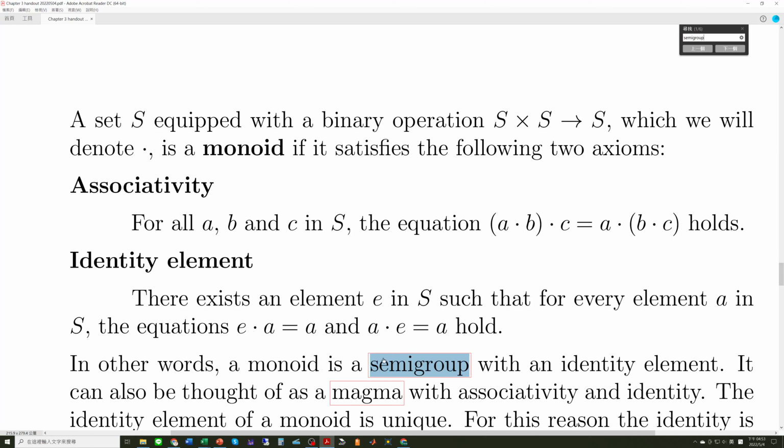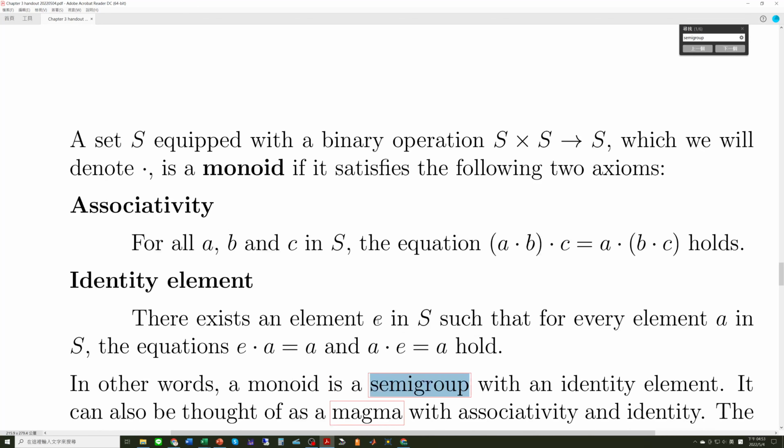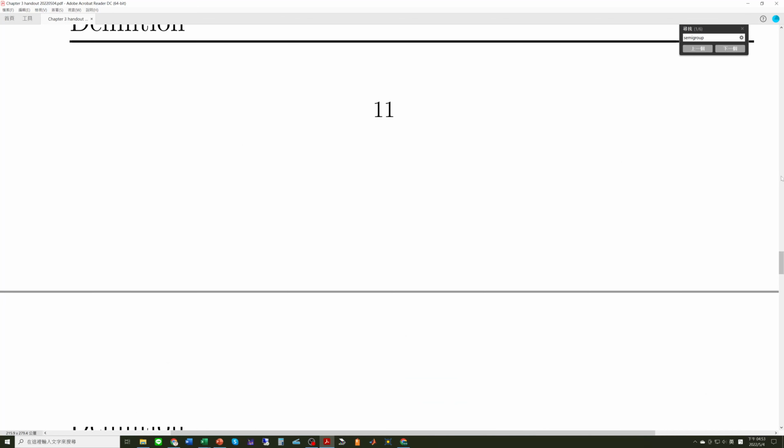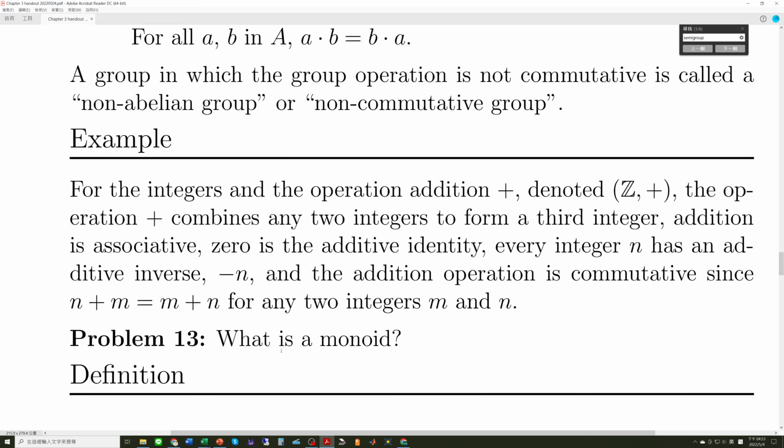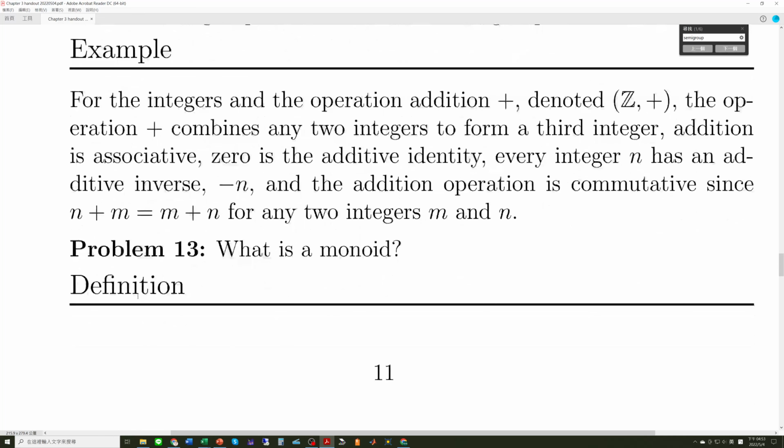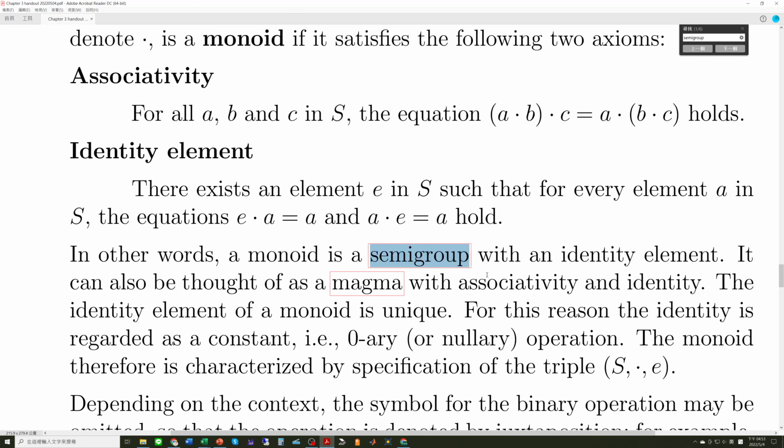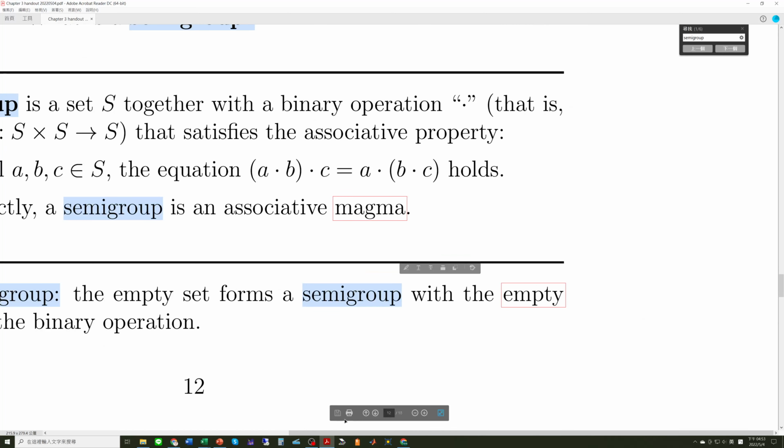Here we have mentioned the proper noun semigroup, which is in the solution to problem 13, what is a monoid. Let us go to semigroup.